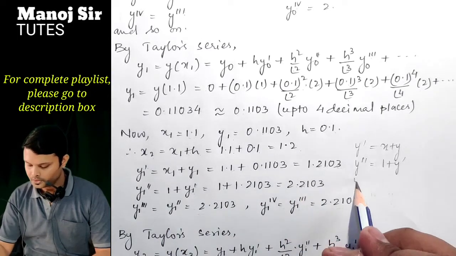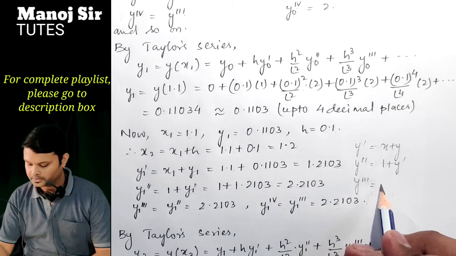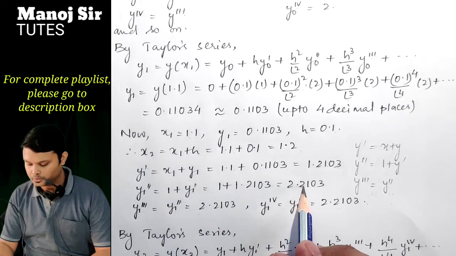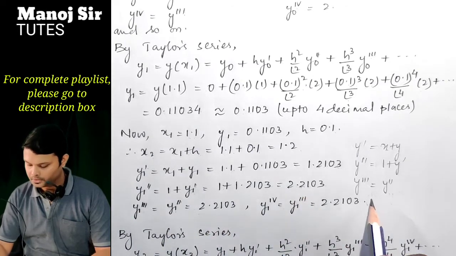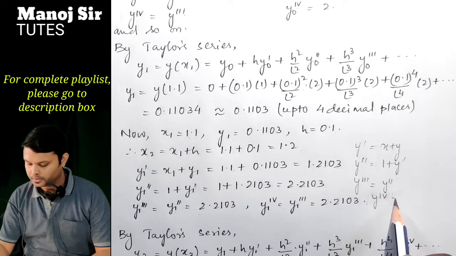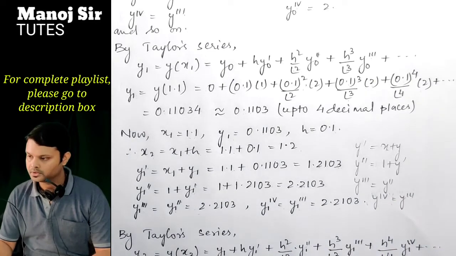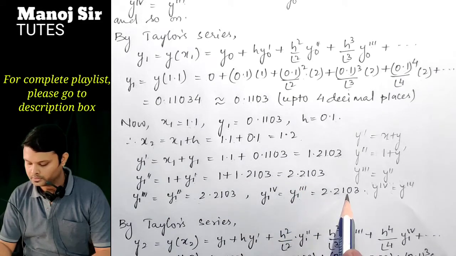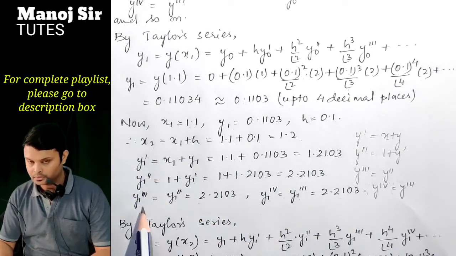Add both, you will get 2.2103. Now you want to find y triple dash, that is y double dash. So y1 triple dash equals y1 double dash, which is 2.2103. Okay, now you want to find y quadruple dash, that is y triple dash. So this is going to be the same, that is 2.2103. Now we have the values of y1 dash, y1 double dash, y1 triple dash, and y1 quadruple dash.